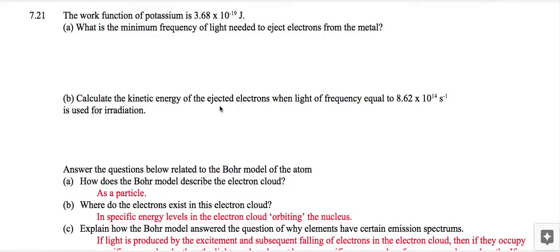Number 21. Now we get into the work function questions. I like these because this requires us to think a little bit about what that minimum means. It says minimum frequency of light needed to eject that electron from the metal. We have this equation, which we brought up earlier.